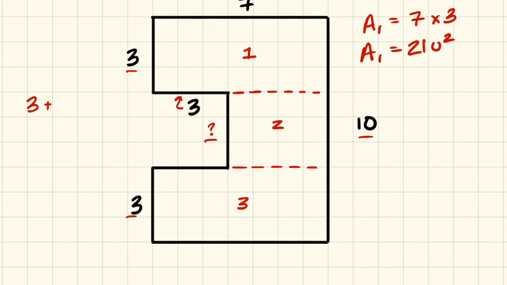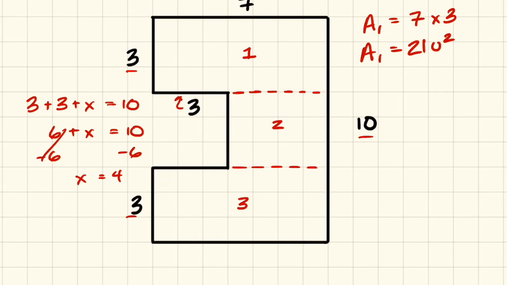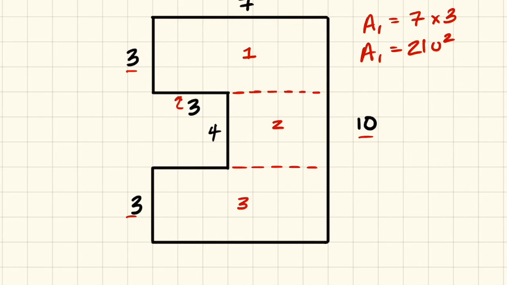So 3 plus 3 plus x equals 10. This would be 6 plus x equals 10. Subtract 6, that goes away. X equals 4. So I know this is 4. You with me? So that becomes 4, and I'll get rid of this. But again, using those equations, combining like terms.